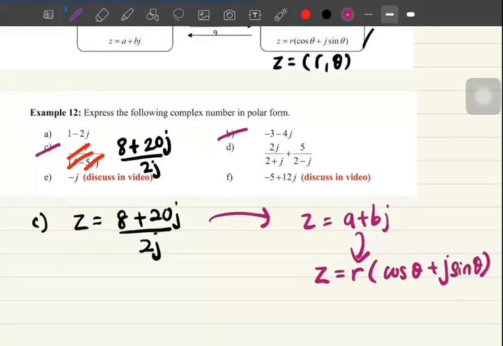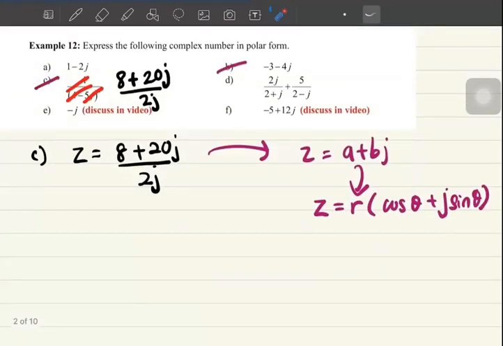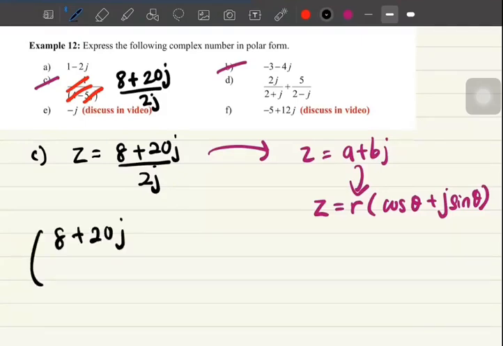If the complex number given to you is already in general form, you can straightaway convert it into polar form. But for this case, it is not yet in general form. So to express it in general form, you need to multiply by the conjugate of the denominator.